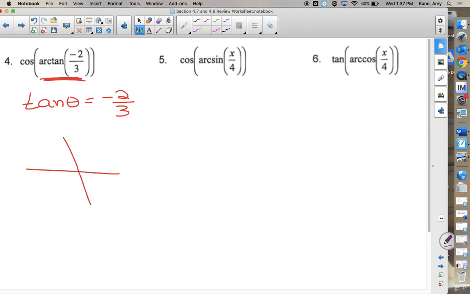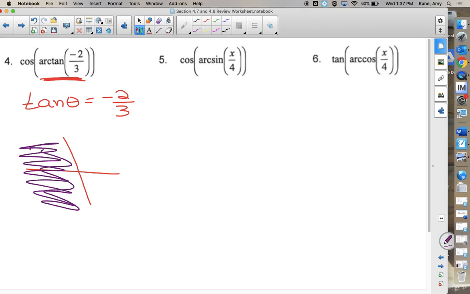Tangent doesn't exist over here, so I wipe that out. Then I go to the unit circle and ask, is there anywhere on the unit circle where I can get a -2/3? No, not for tangent. But I could draw a triangle to help solve the answer.